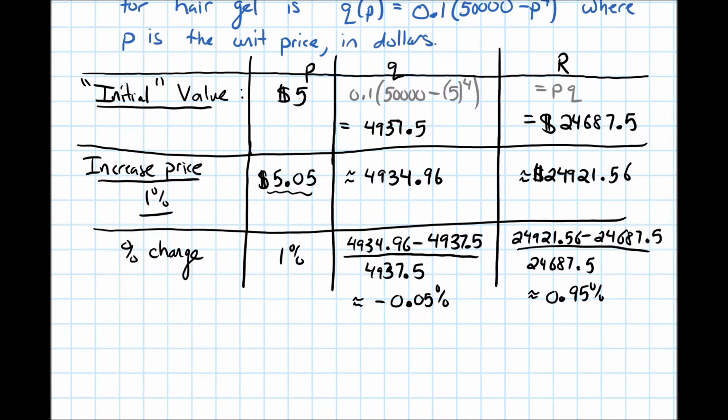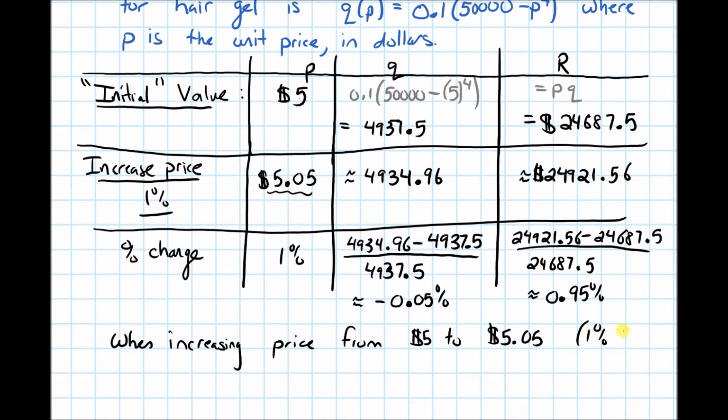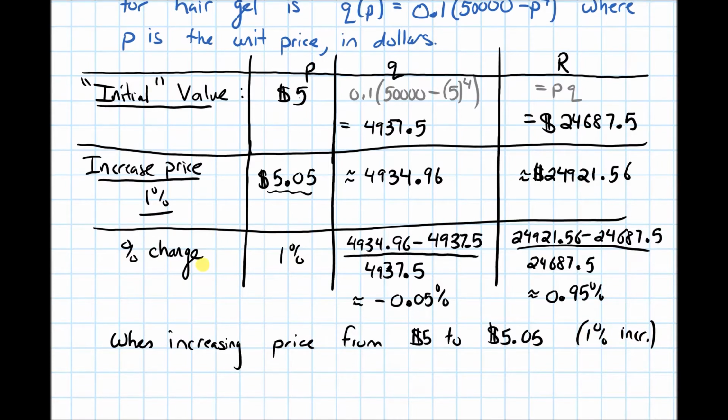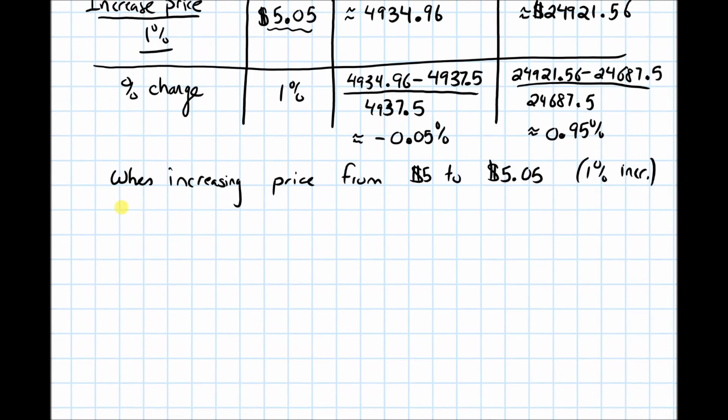Okay, so let's summarize our results here. So when increasing the price from $5 to $5.05, which was just a 1% increase, the demand decreased by a smaller percentage.